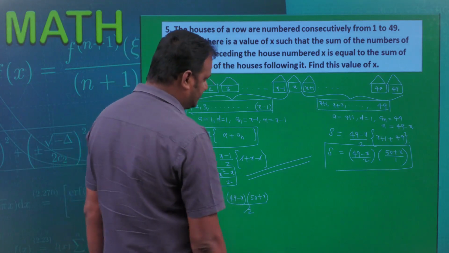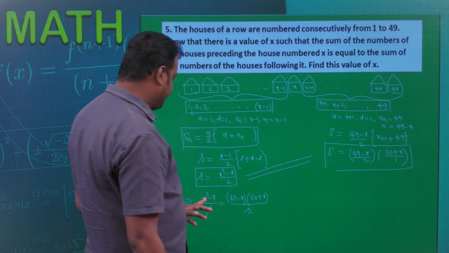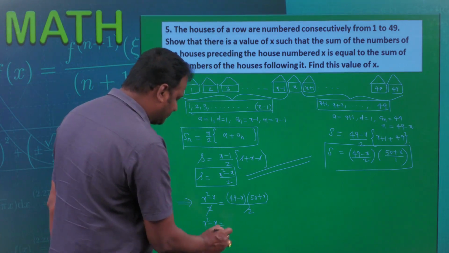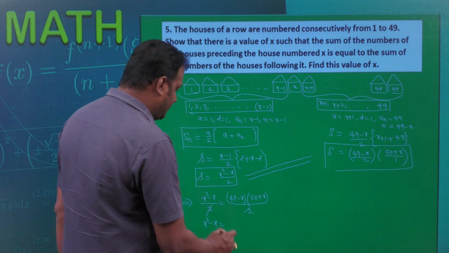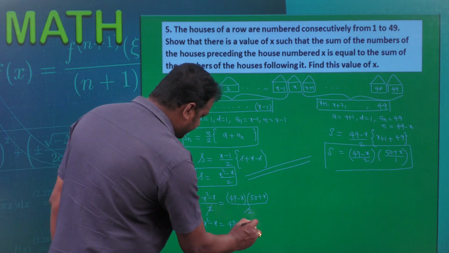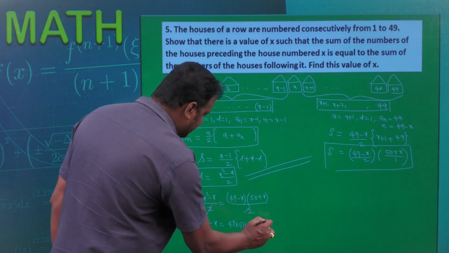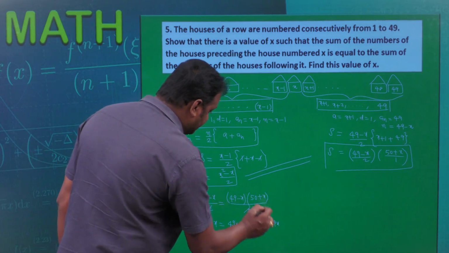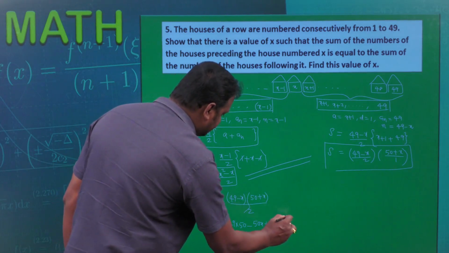So after cancelling these 2's, what we get here, x square minus x is equal to, multiply both of them, 49 into 50, I am leaving it like that, 49 into 50, minus 50 into x is equal to 50x, plus x into 49 is equal to 49x, minus x into plus x equal to minus x square.